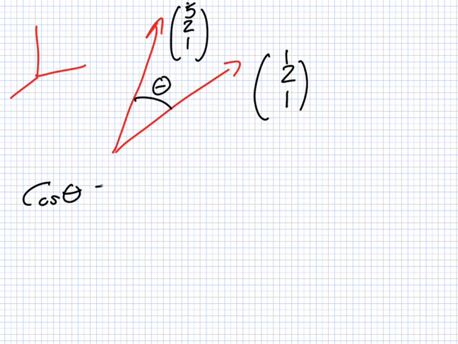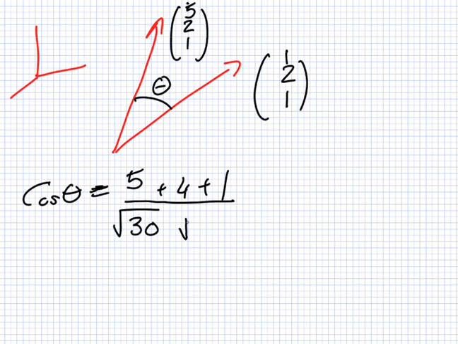Okay, so let's have a look here. On the top we dot, so that's 5 plus 4 plus 1, all over the magnitude of 30, is it? Magnitude of 6. Right, so that's 10 over, this would be 6 root 5, is it?